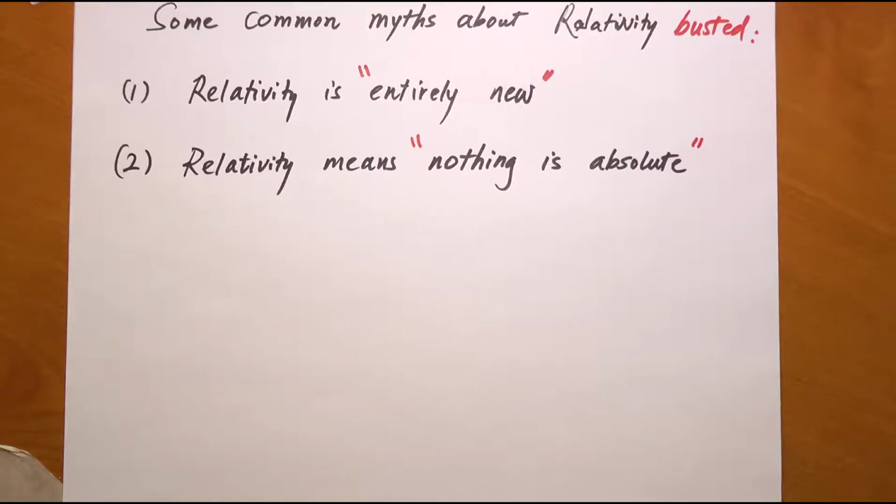The second misconception is that a lot of people thought relativity means nothing is absolute because everything is relative. Well, you know what? There was relativity before the theory of relativity. Galilean relativity says the speed of anything is not absolute, right? Because different people would get different speeds. If you measure the speed of a car from different reference frames, you're going to get different values.